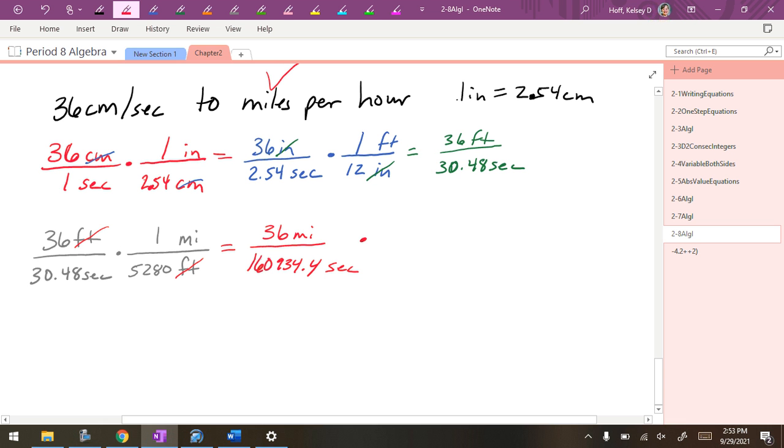Okay. Now what do we need to cancel? Seconds. Where's it got to go? Top this time. What are we going to convert it to? Minutes. Connection between seconds and minutes. 60 seconds in 1 minute. So seconds cancel seconds. 36 times 60.